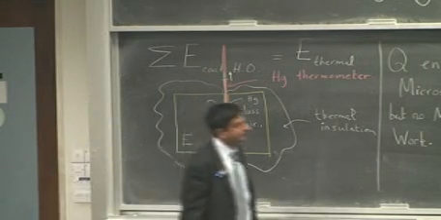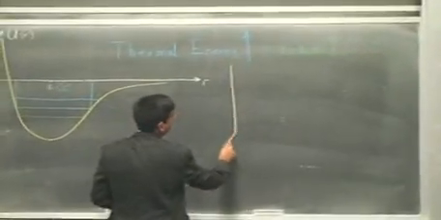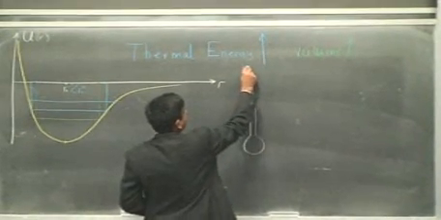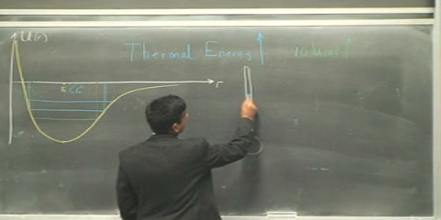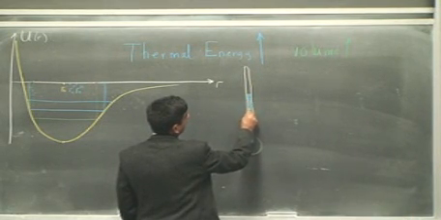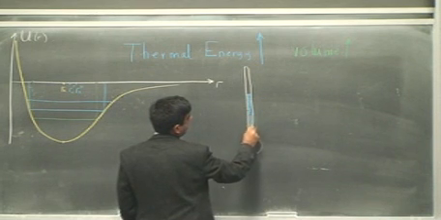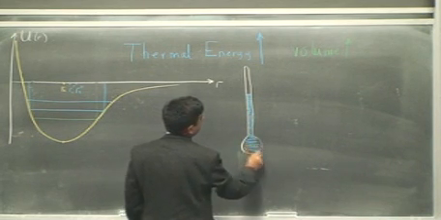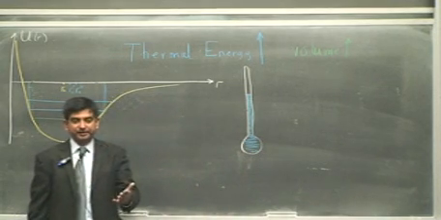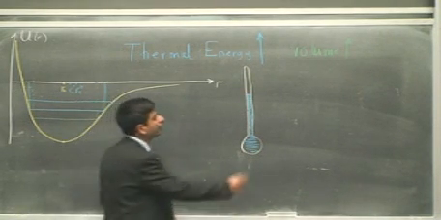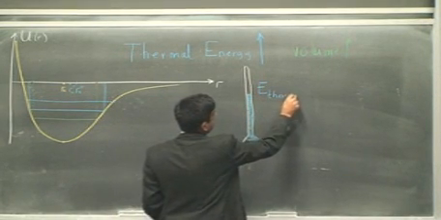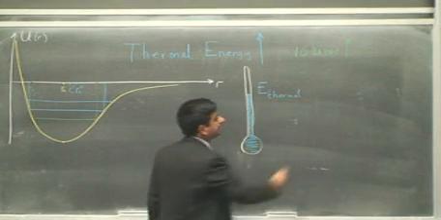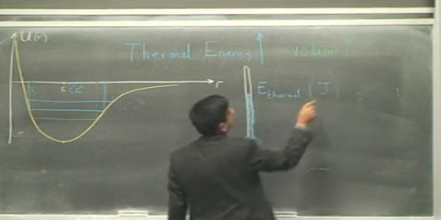ठीक है, तो मैं एक ऐसा थर्मोमीटर बनाता हूं. थर्मोमीटर दरअसल क्या कर रहा है, मेरा थर्मोमीटर, ग्लास बल्ब थर्मोमीटर, which is filled with some liquid, alcohol or mercury or water. This can actually be calibrated in terms of thermal energy. And thermal energy has units, every energy has units of joules.